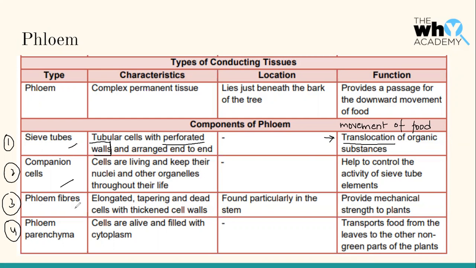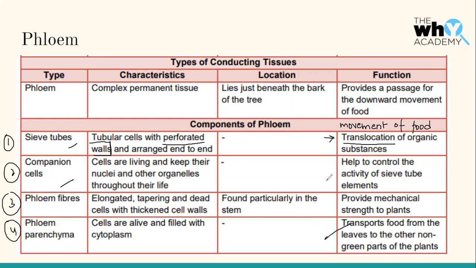Again, like xylem, you are usually just asked the names of these four components. In detail, their specific function is rarely asked. So if you know the overall function, that all of them are involved in transport of food, it should be sufficient.